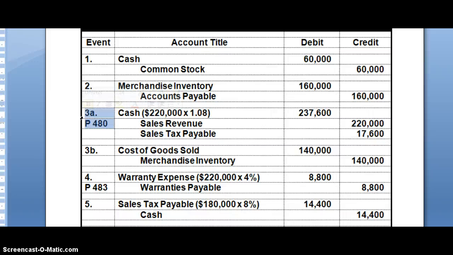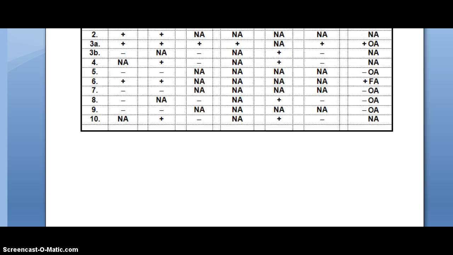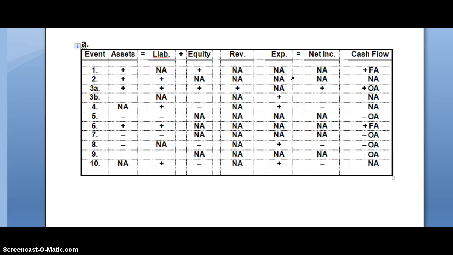Now, getting back to number 4, we're going to go to page 483. If we look at page 483, what you're going to see here is recognition of warranty expense.